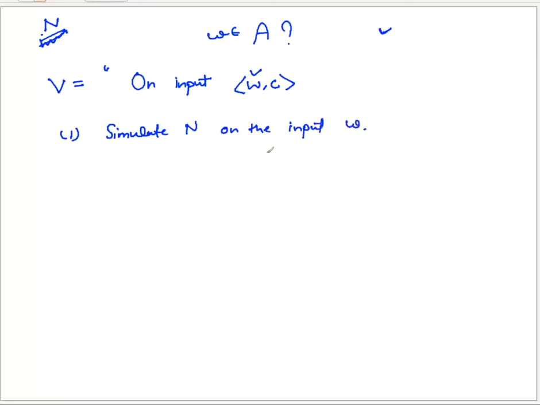Now, each symbol of C you have to treat as a choice at each step. So whatever C is given here, you have to treat each symbol in C as a choice for the non-deterministic transition, and then you have to move in that particular direction. So here C is actually giving you a branch guidance system, telling you in which branch you will be going. Every symbol that you read in C will help you decide in which branch to move.